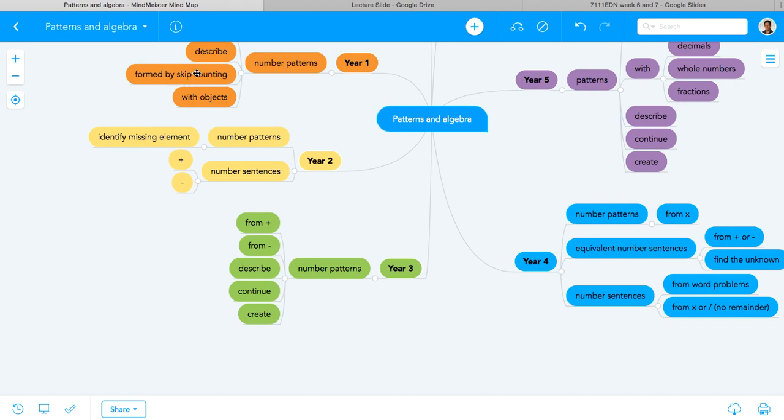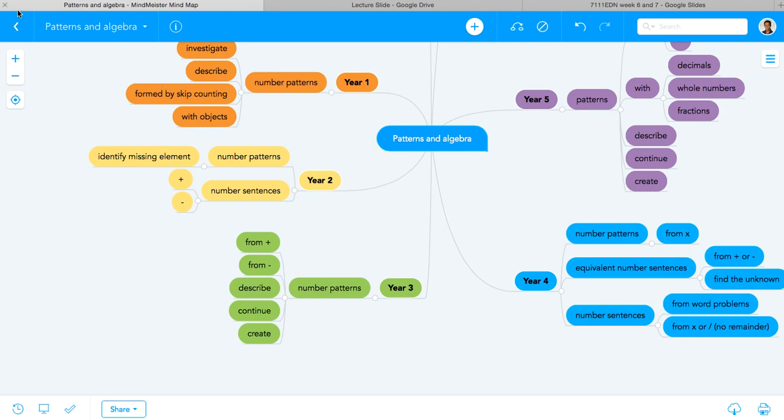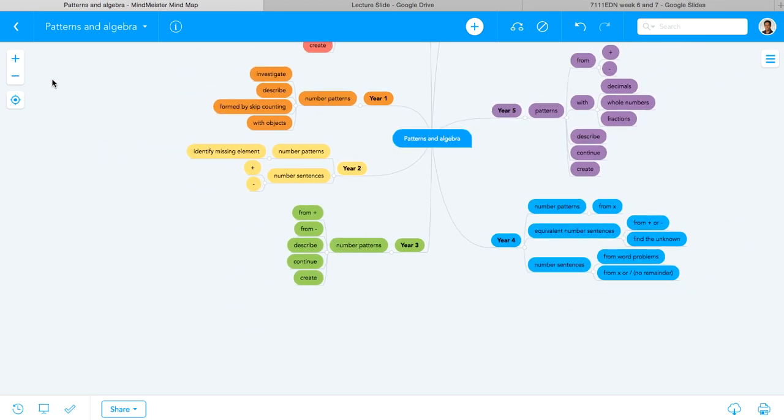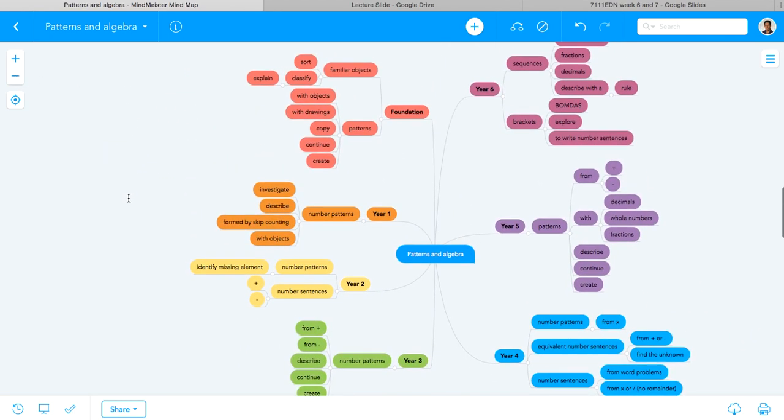So remember that skip counting begins back here in Year 1, and we pick that theme up again in Year 3. Okay, so there is the concept map of patterns and algebra when it comes to the younger years. So Foundation, Year 1, Year 2, and Year 3.